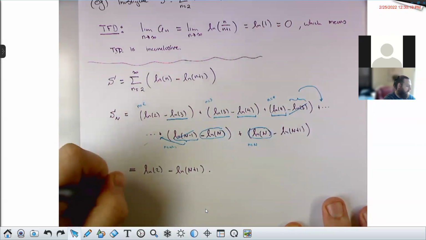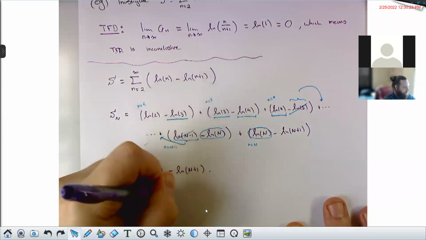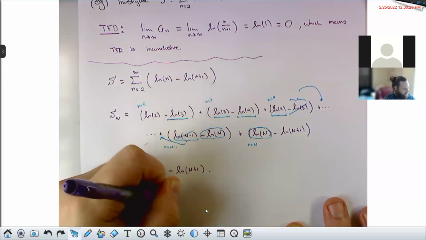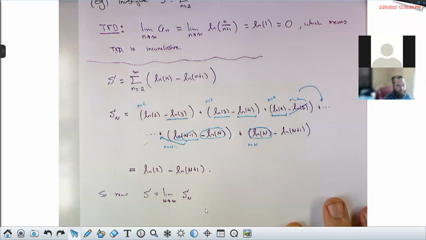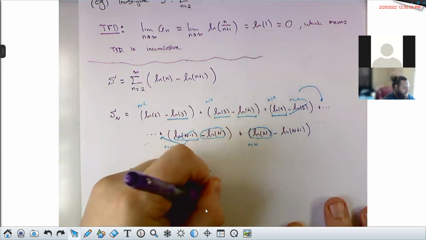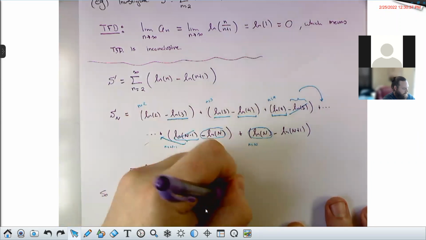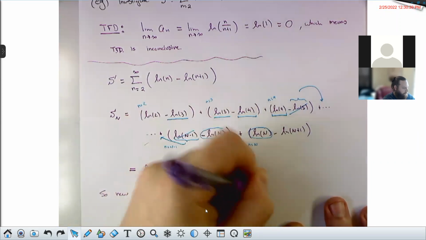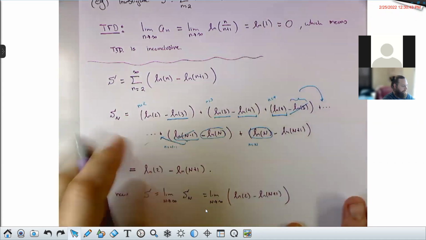So now we can say S, the full infinite series, by definition is the limit as capital N goes to infinity of S sub n, which is the limit as capital N goes to infinity of natural log of 2 minus the natural log of capital N plus 1.